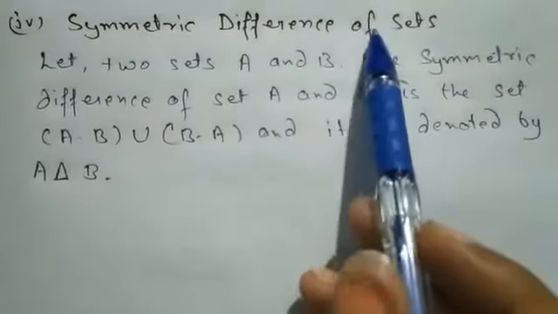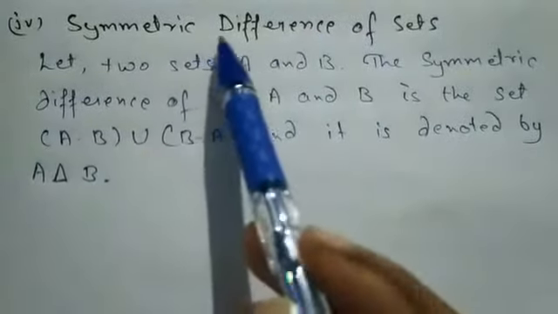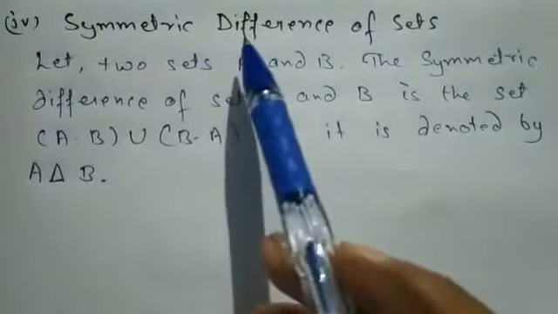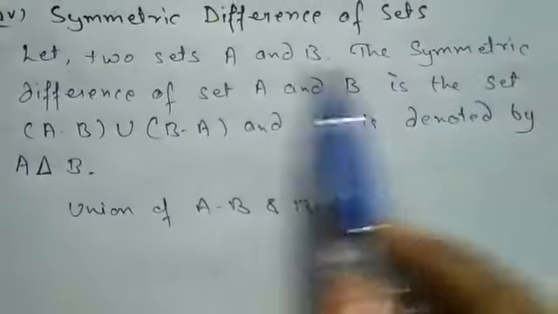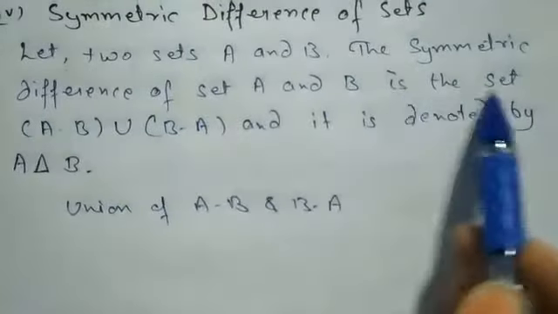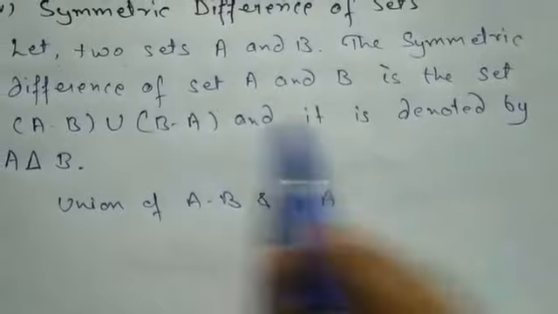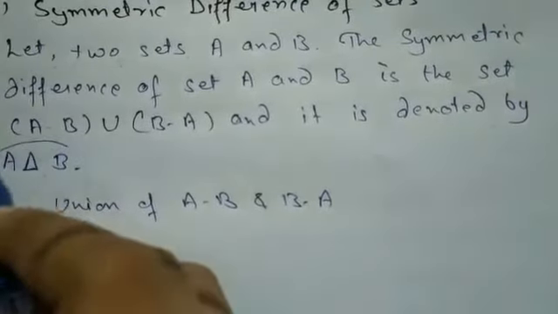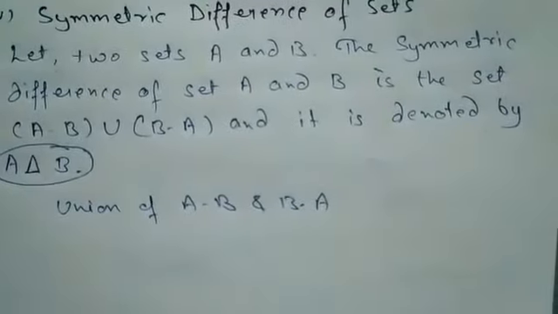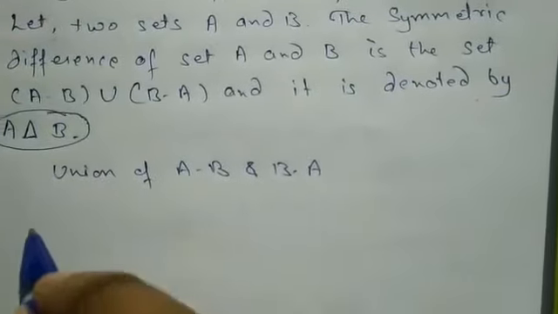Symmetric difference of sets. The symmetric difference of sets is nothing but the combination or union of A minus B and B minus A. So let two sets A and B. The symmetric difference of sets A and B is the set A minus B union B minus A, and it is denoted by A triangle B. Let us understand it by example.